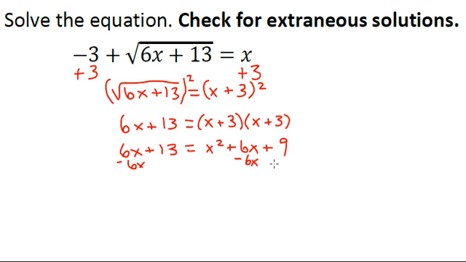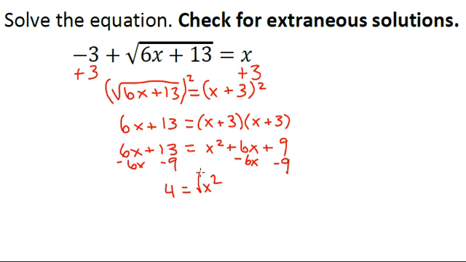Now, in the same step here, just to save a little room, I'm going to subtract 9 from both sides also. So when this is all said and done, I'll have 0 and 4, so 0 plus 4 is 4. And over on the other side, I'll have x squared plus 0, which is just x squared. This is nice. This quadratic can be solved by square rooting.